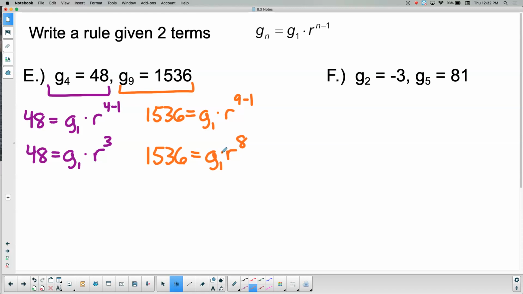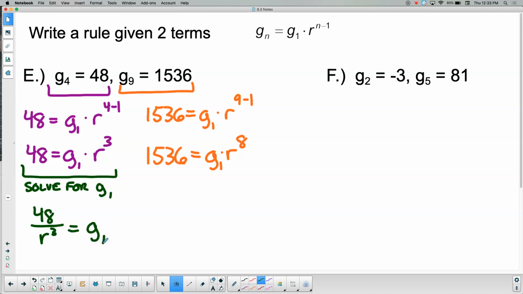Then what you're going to want to do is look at one of those two equations, and solve one of them for g sub 1. I would choose the one that has the smaller exponent. So I'm going to solve that for g sub 1. If I do that, I get 48 divided by r cubed equals g sub 1.